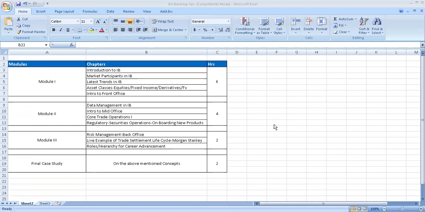As you can see on my screen, the first module talks about the introduction to investment banking. This is mainly to understand how investment banking has gained its importance over a period of time and how these investment banks have been playing a major role.